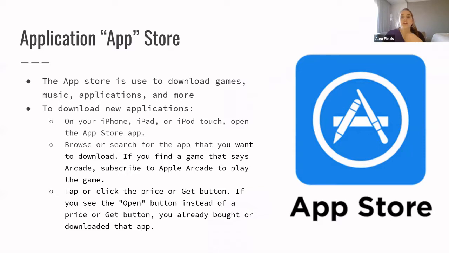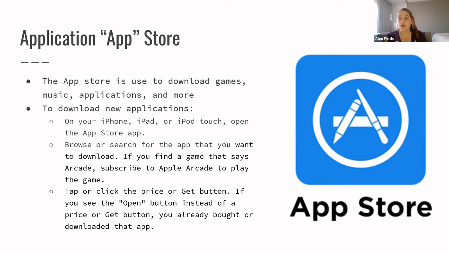It should look like this blue icon with the A in the middle and a circle around it. Then in the search bar of that app, search the app or the game that you would like to download.